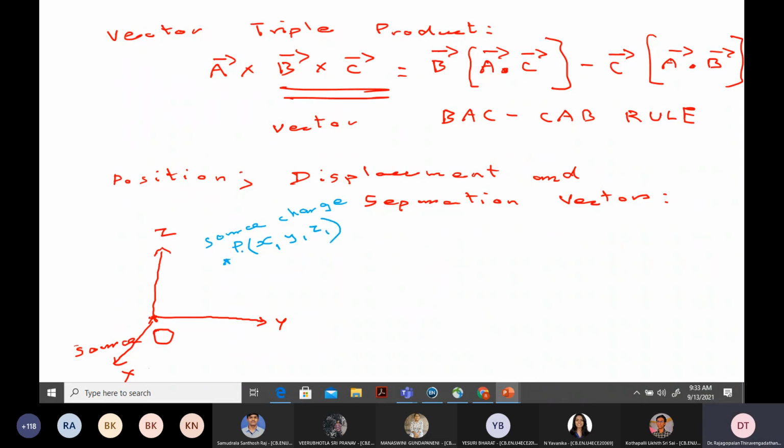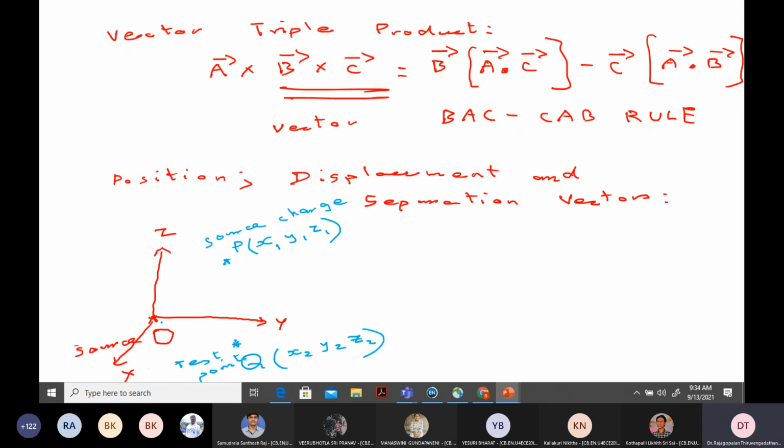This is my source point P. Now let us say I have a test point Q, or the field point. At the point Q, I want to know the field due to the presence of a charge at the source point P, and it is defined as x2, y2, z2.